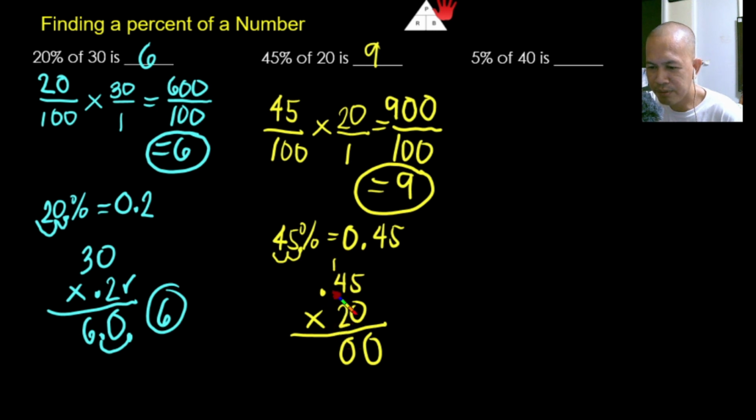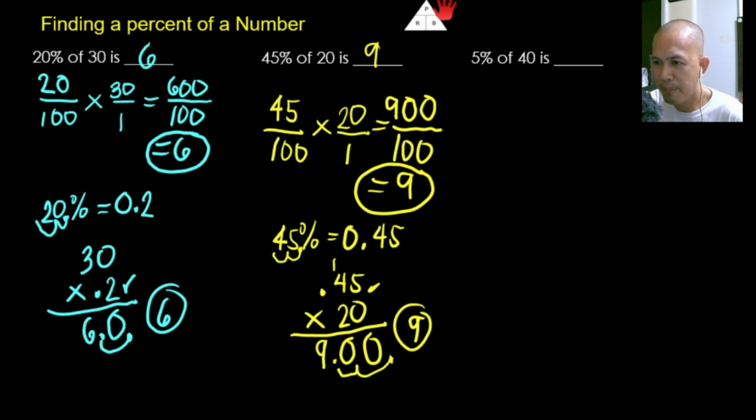And 2 times 4, it's 8 plus 1 is 9. So after we multiply a decimal, we're going to count the number of places in our factor, which gives us 2 places here. So we're going to move 2 places, going to the left, 1 and 2, giving us also the answer of 9. So we get the same answer by using the two ways, no? Let's have the last example.